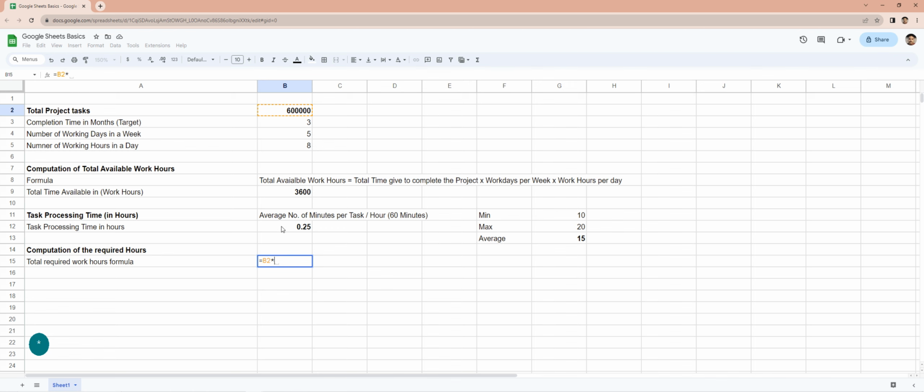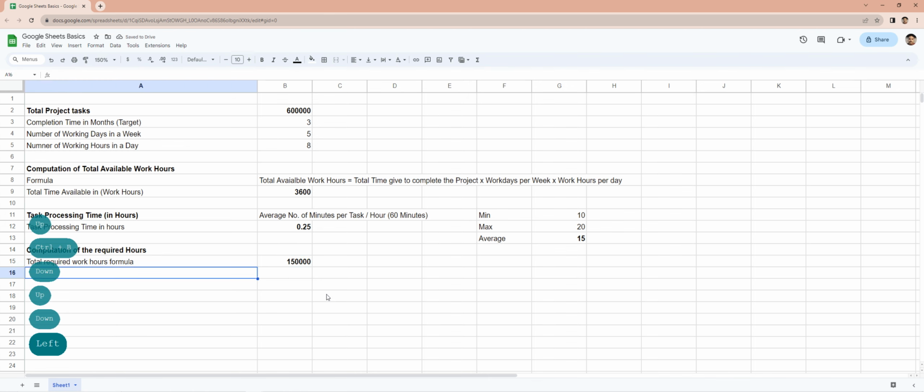When we multiply 6 lakhs into 0.25, that is 6 lakhs times 15 minutes, we get 1,50,000 hours. This is the work hours that is required.